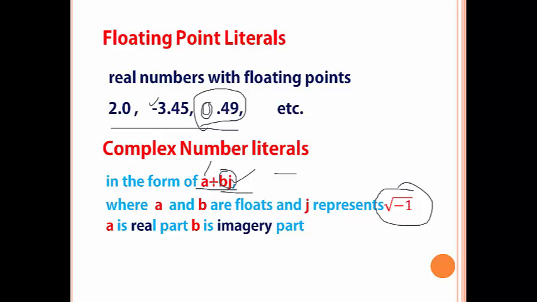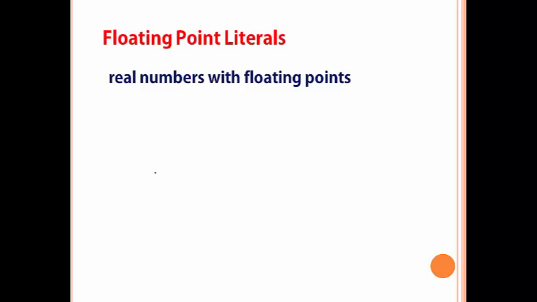Though a and b are real numbers, floating numbers, j is an imaginary number, so this whole part becomes imaginary. If we want to learn more about complex numbers, we will cover it later on, but for now we'll proceed further.